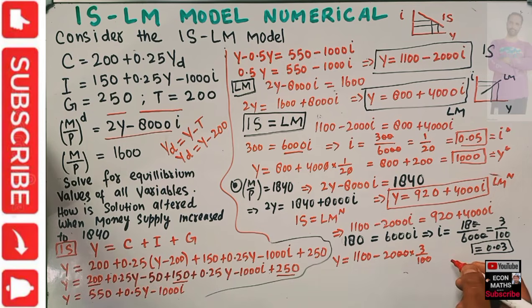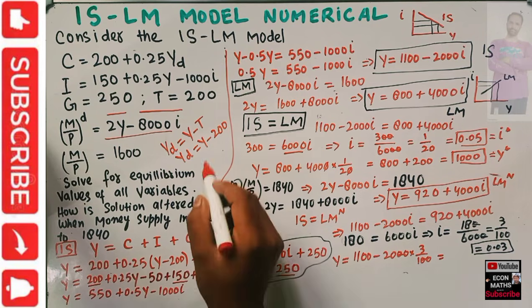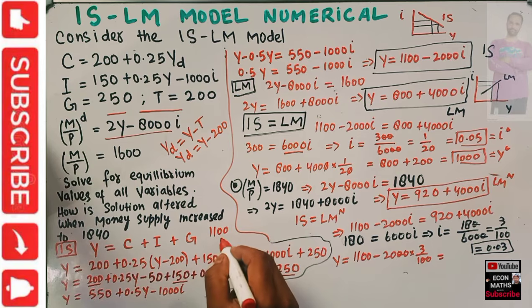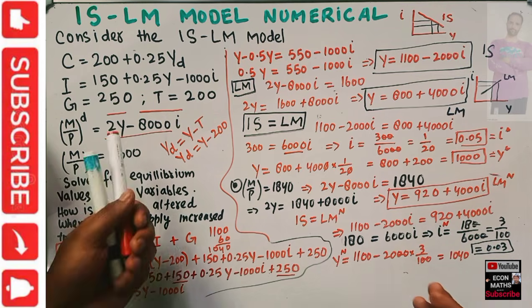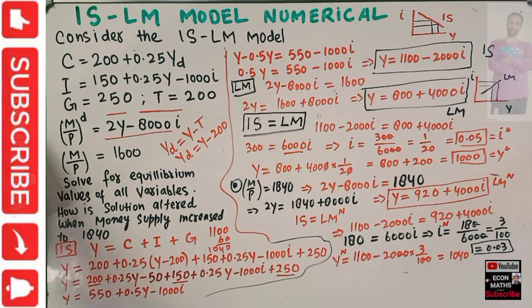So 1100 minus 60 comes out to be 1040. So the new equilibrium level of income will be 1040, and the new interest rate will be 3% when the money supply has changed from 1600 to 1840.